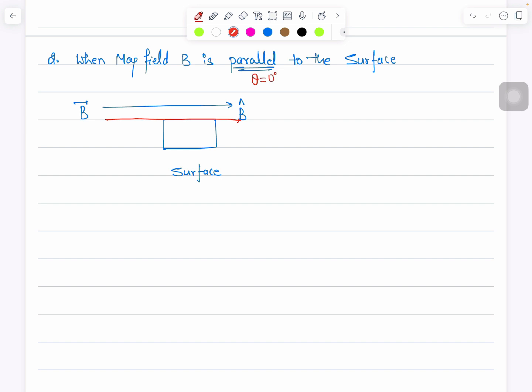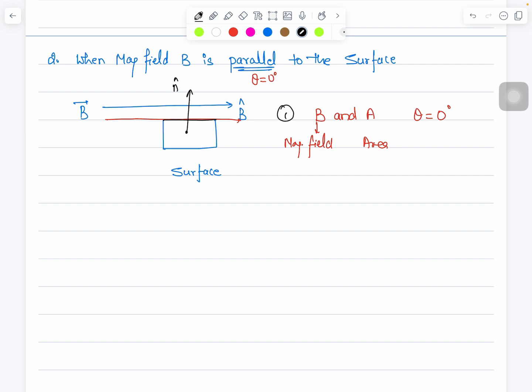So can I say B and A? A means area and B is your magnetic field. So what is the theta here? 0 degree. Fine. Okay, now just tell me, think and tell me. This is your surface. Okay, so where is the angle? N cap. This is your N cap. Yes or no?